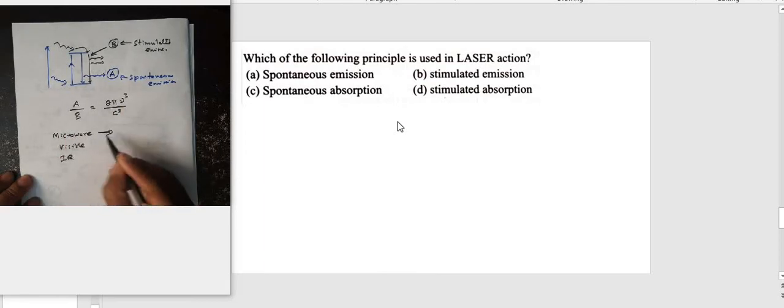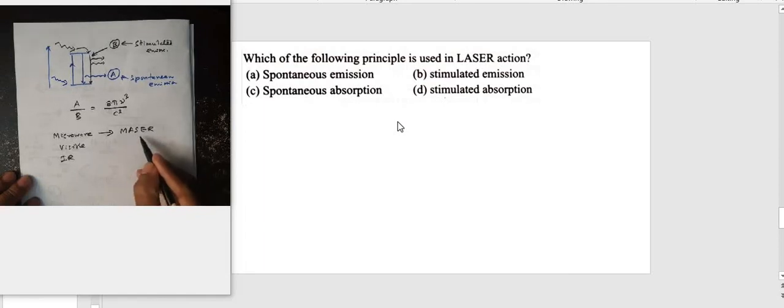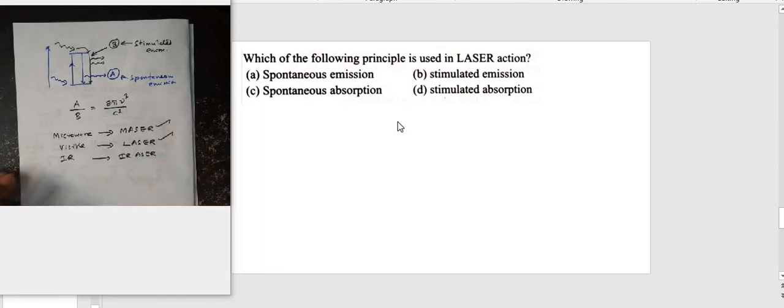You know very well, amplification of microwave radiation is called maser: microwave amplification by stimulated emission of radiation. Amplification of visible radiation is called laser. Amplification of IR radiation is called IR aser. These two are more common, so keep this in mind.